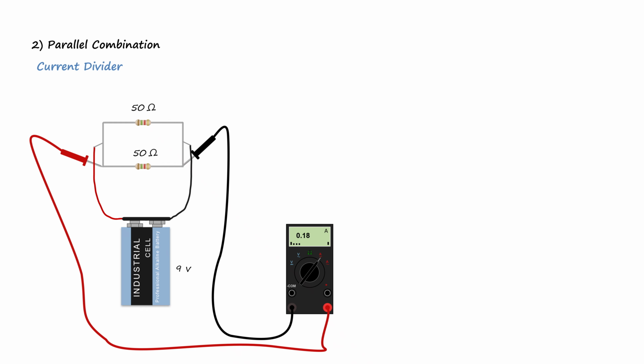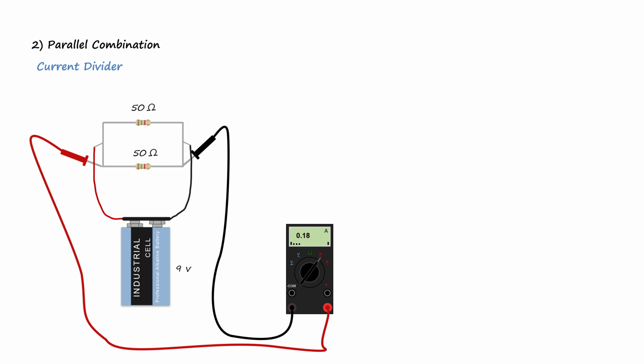So this is what? What we measure on the battery terminal is our total current, which is I, and it is 0.36 amperes. And so this current is divided or split as we can see.